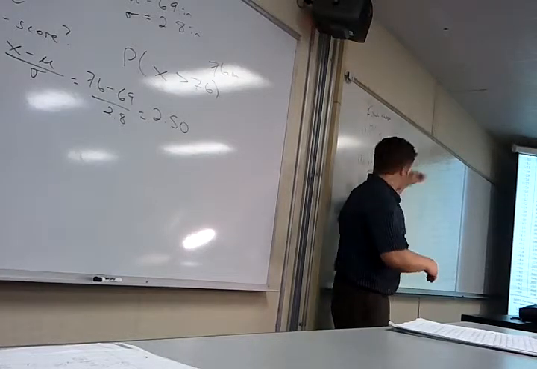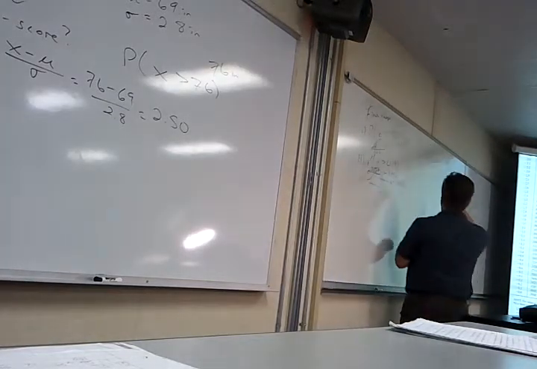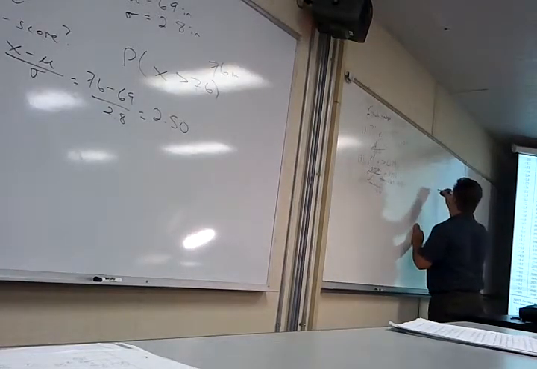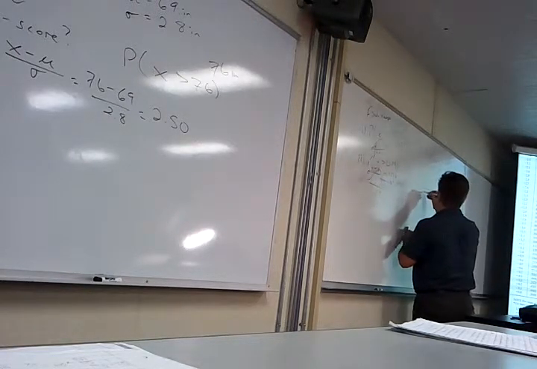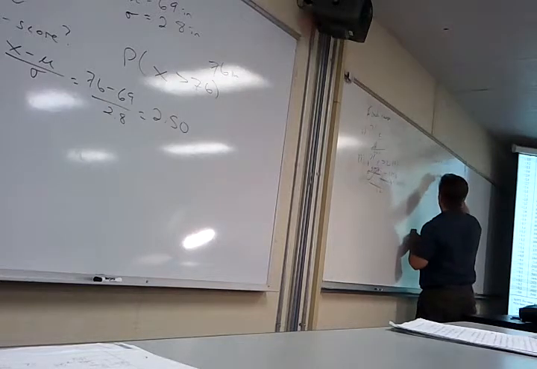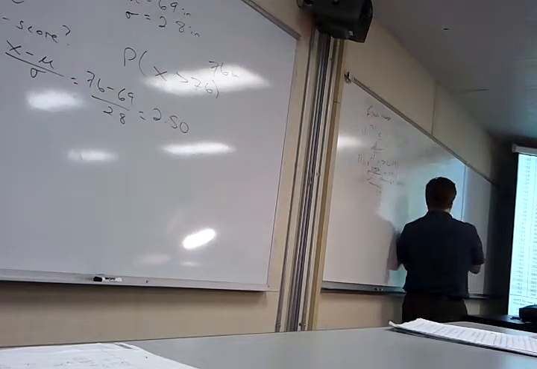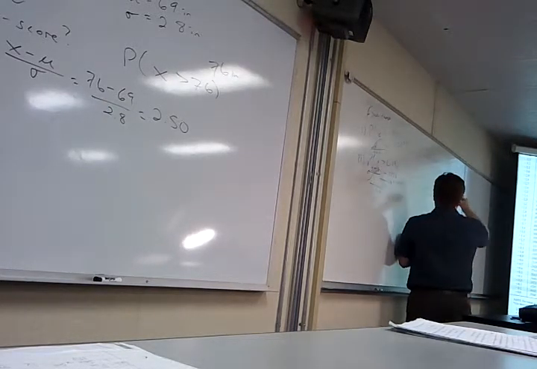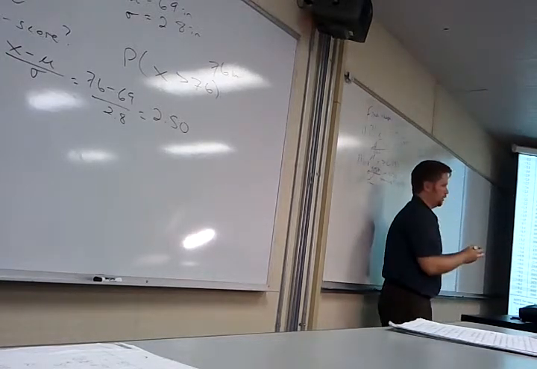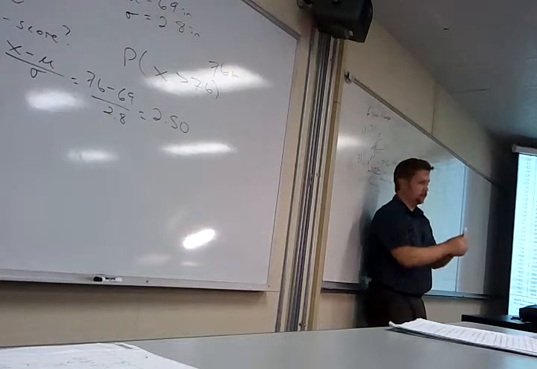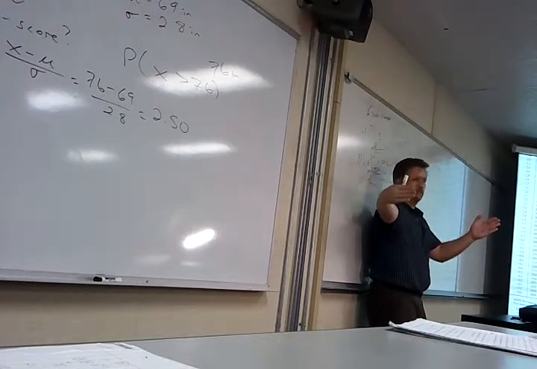Now, how in the world do I do part 3? It's got 2 questions to it. So here's the area that I want. If I look up 1.92, that's going to be too much, right? Because it goes from 1.92 all the way down.